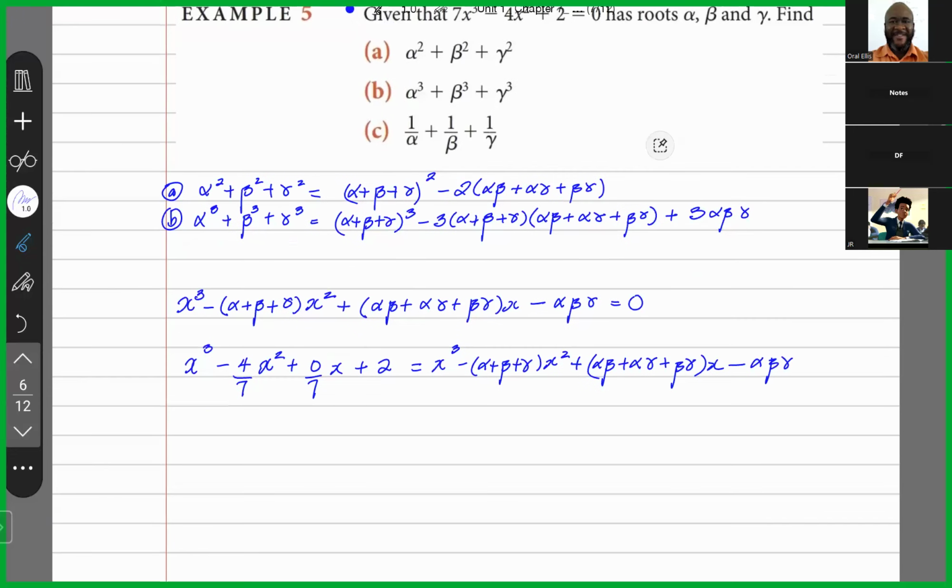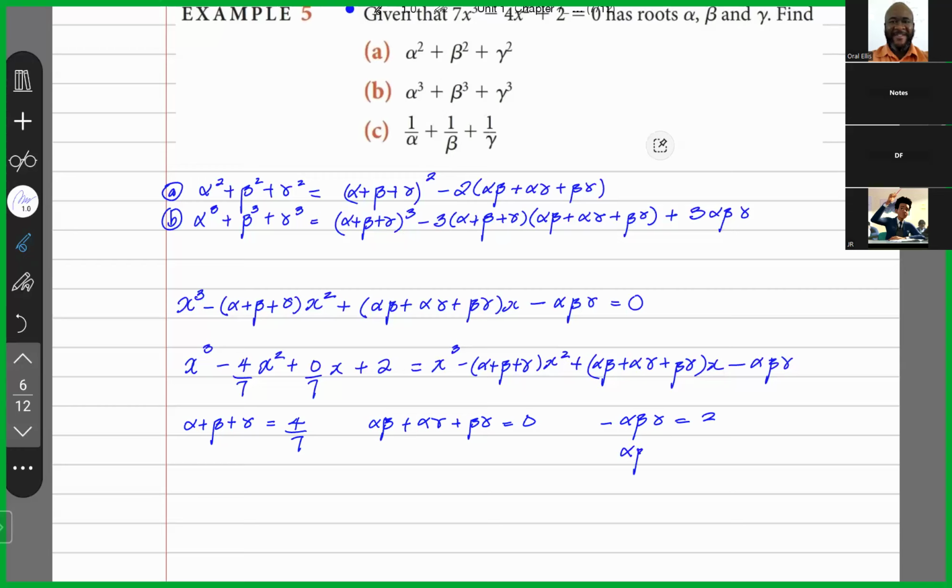Now, since these two things are equal, I can equate coefficients to say that alpha plus beta plus gamma is equal to 4 over 7, that alpha beta plus alpha gamma plus beta gamma, which is the x coefficient on the right, is equal to 0, which is the x coefficient on the left, and minus alpha beta gamma, which is the constant on the right, is equal to 2 over 7, which is the constant on the left.